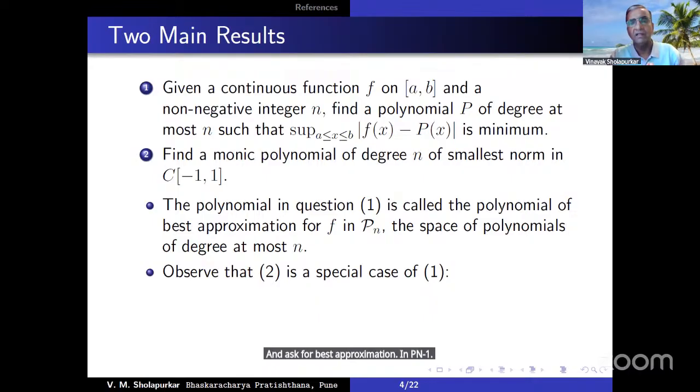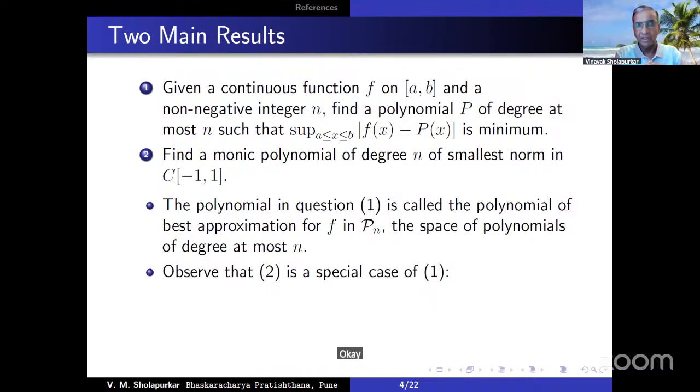That is, what is the polynomial of best approximation for x to the power n among polynomials of degree less than or equal to n minus 1? So suppose you want to approximate x to the power 4 among polynomials of degree less than or equal to 3. What is the best approximation?